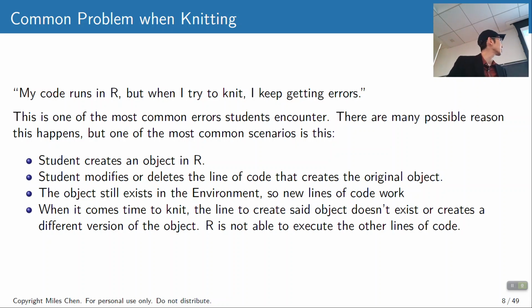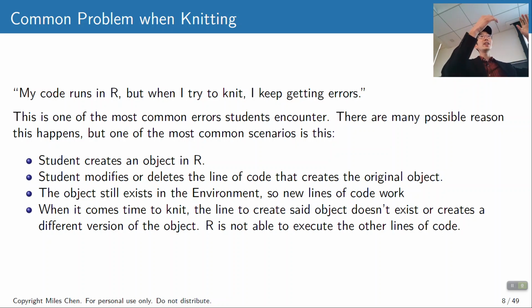It's got to output. So what's going on? My code runs in R, but when I try to knit, I keep getting errors. Now, there could be hundreds of different reasons why this happens, but one of the most common scenarios looks something like this. As you're coding, you create some kind of object, and then later on, you change the code or you delete that line of code that creates that object.